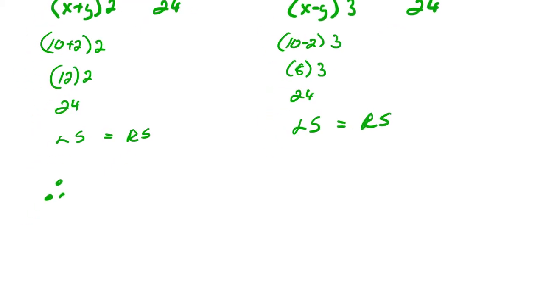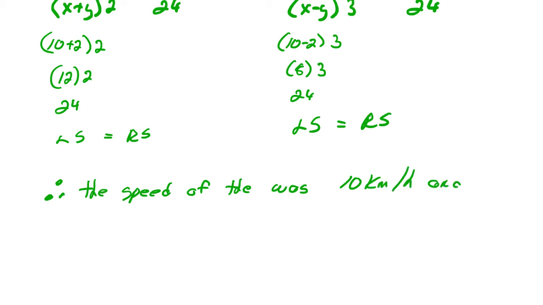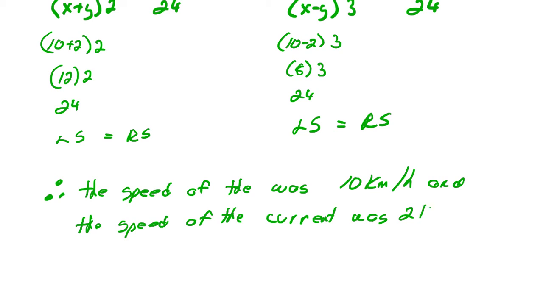So therefore, the speed of the boat was 10 kilometers per hour, and the speed of the current was 2 kilometers per hour. And I forgot to write in the word boat, but here goes, boat goes right there. The speed of the boat was 10 kilometers per hour, and the speed of the current was 2.